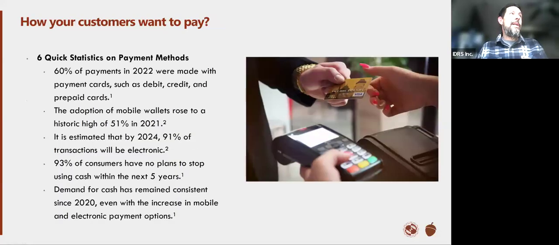So now, what I'd like to do is also talk about the reasons why you might take payment, and take different forms of payment. This was some of the statistics that I found about the way people want to pay now. You can see that 60% of payments were made with payment cards.